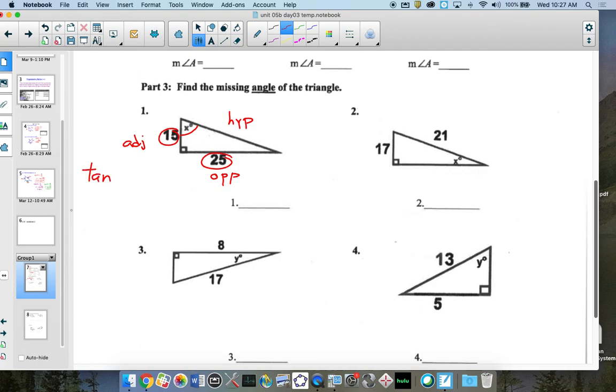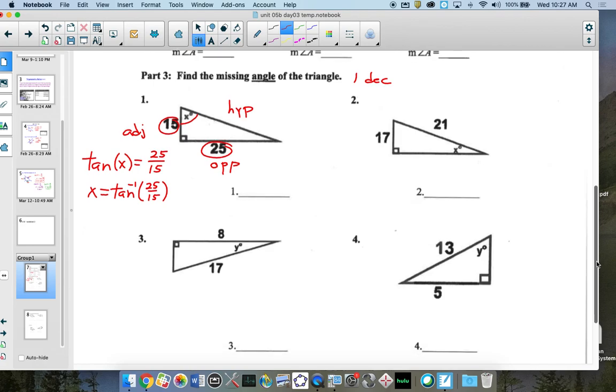So you're going to set up your equation: tangent of x equals opposite over adjacent. And then to figure out what the angle is, we have to undo tangent. So you're going to grab the calculator and do second tangent 25 over 15 and write your answer. They didn't specify here, so let's say nearest tenth. So let's go 1 decimal on these. Okay, so that side's pretty straightforward.